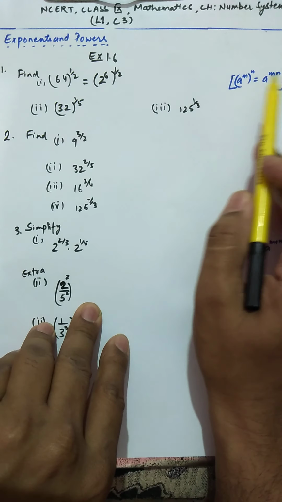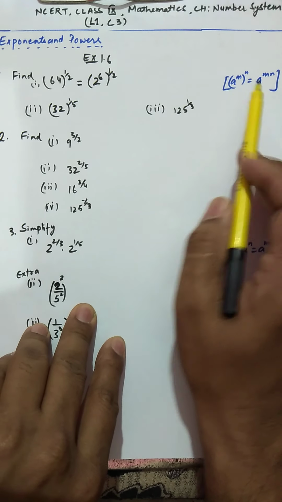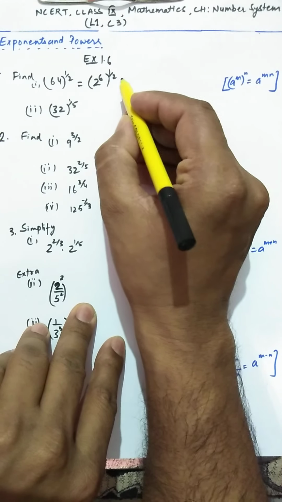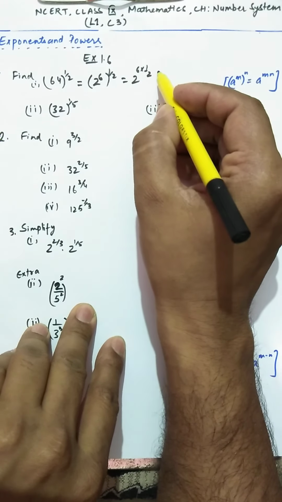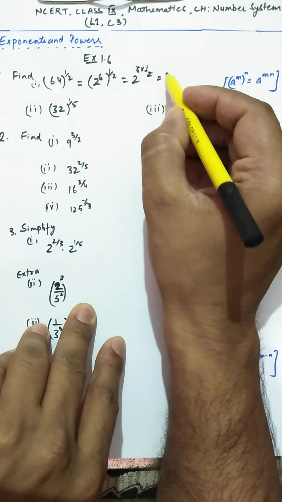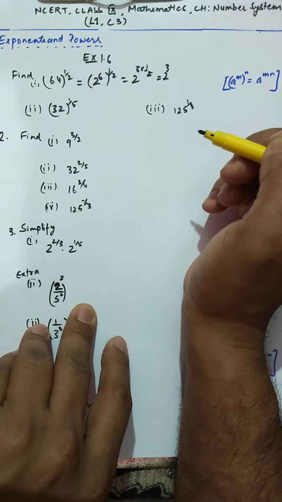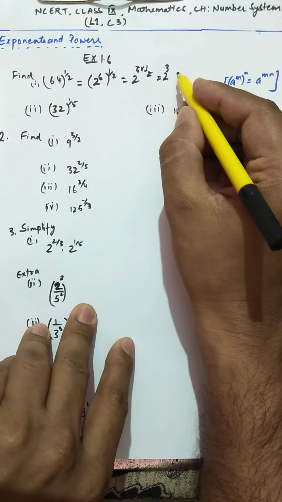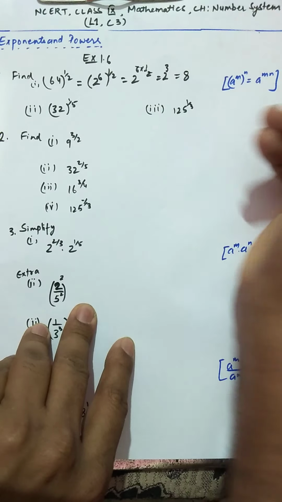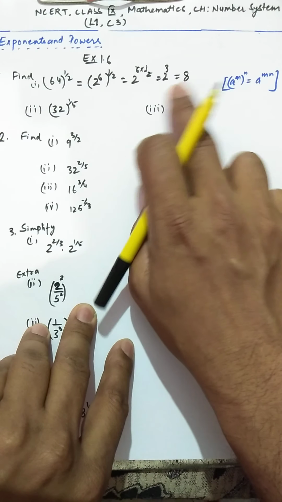So we apply this law, and it becomes 2 to the power 6 into 1 by 2. If you simplify, it cancels and becomes 2 to the power 3. You can leave the answer in 2 to the power 3 form, or you may simplify this as 8 also. So both ways it's correct.